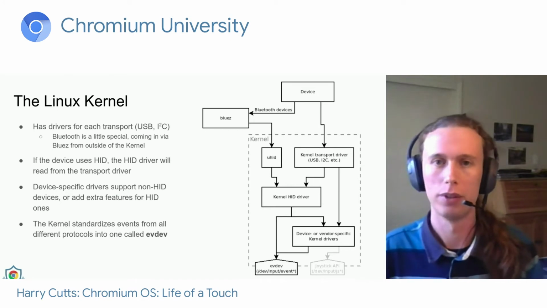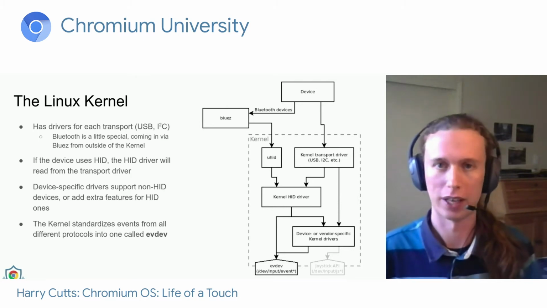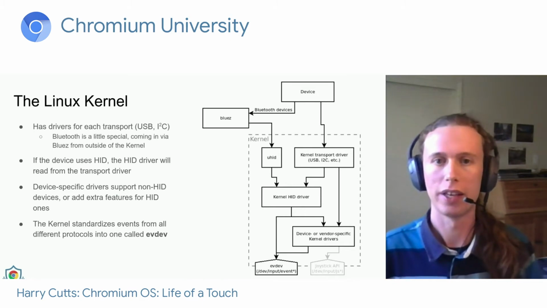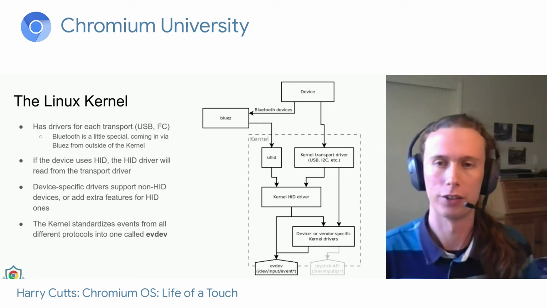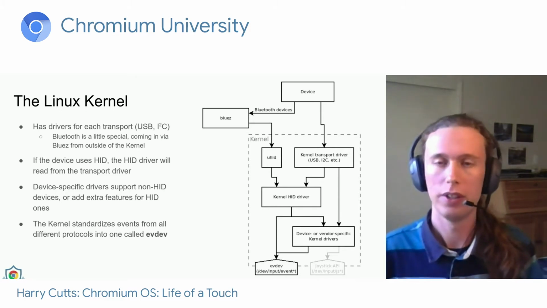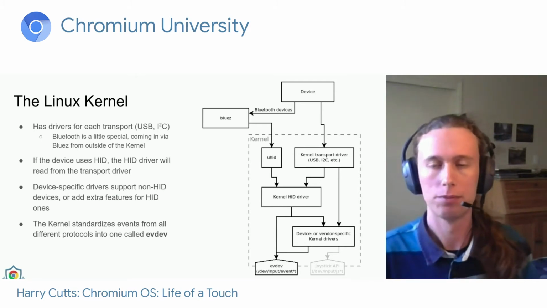So for example, many mice with high resolution scroll wheels don't actually use the HID standard way of doing that, and they just have a vendor-specific extension. And so in that case, the HID driver will still be able to unpack the X and Y and the buttons, and then the vendor-specific driver will unpack high-resolution scroll data. Or if the device isn't HID at all, then the vendor driver will just read directly from the transport and do its stuff from there.